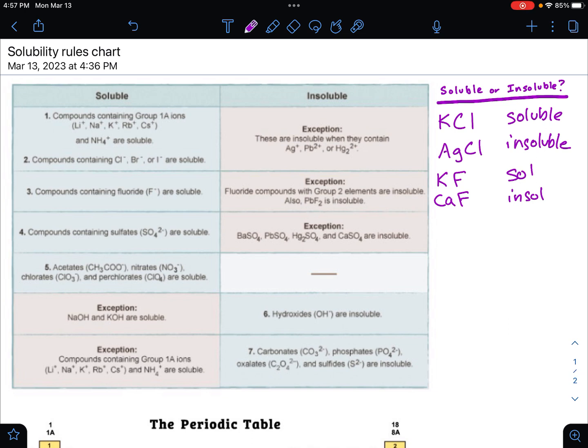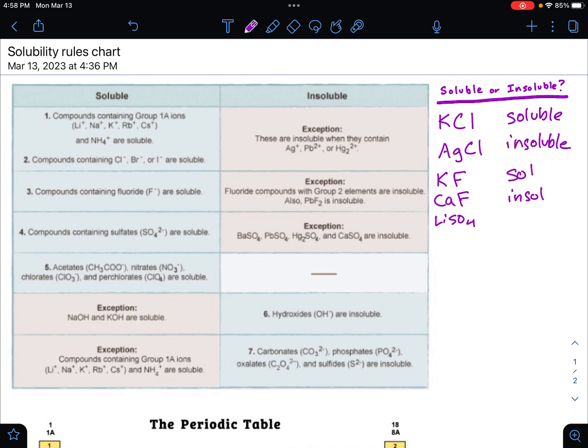Number 4, compounds containing sulfates, SO4 2 minus, are soluble. Okay, that's great. And the exceptions are these ones: barium sulfate, lead sulfate, mercury sulfate, and calcium sulfate. Okay, that makes it easy. This is straightforward. So if I give my examples here, what about lithium sulfate?